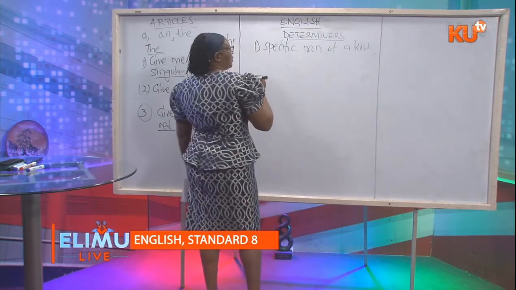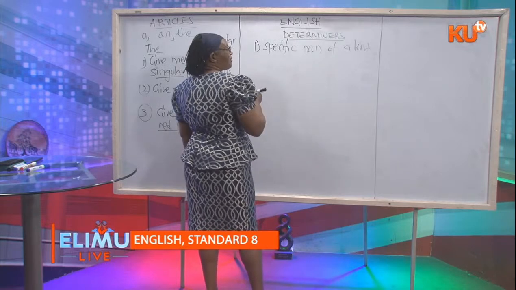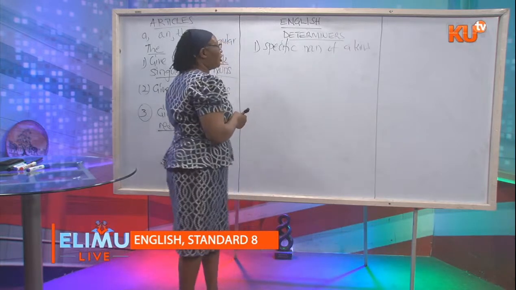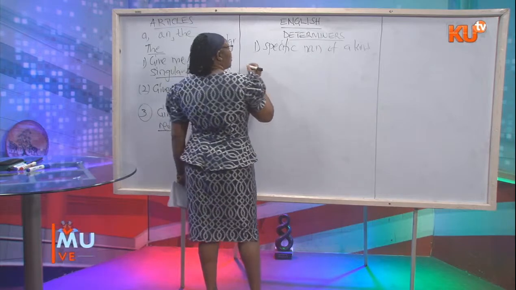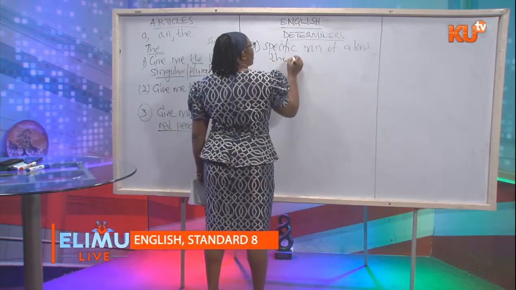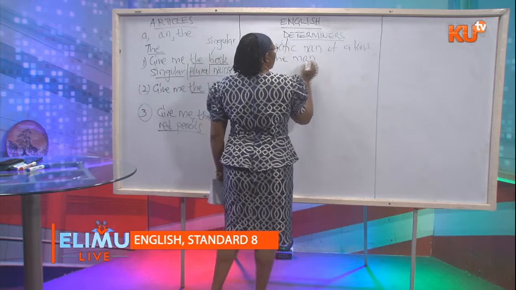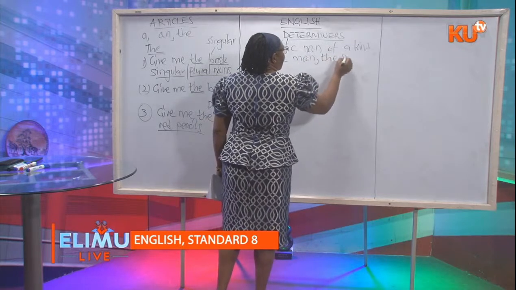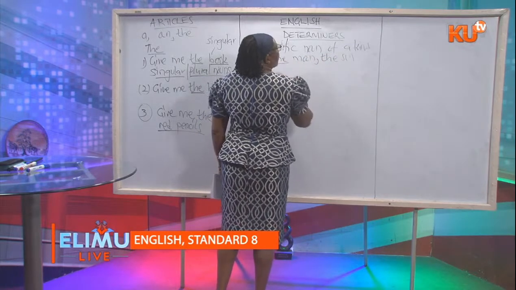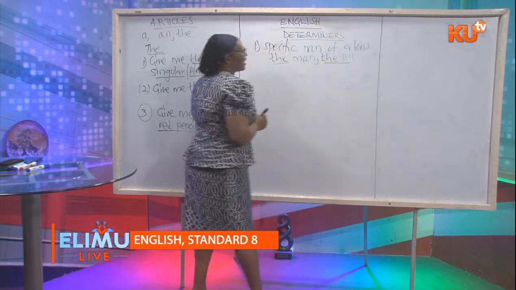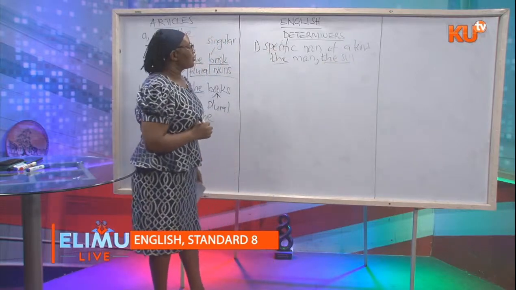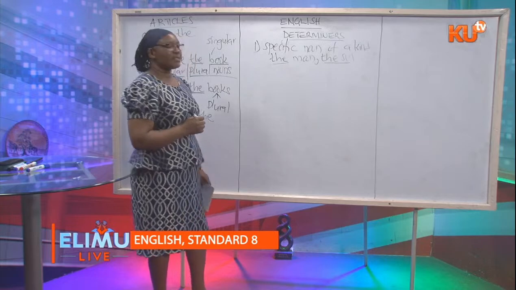For example, when I say a specific noun of a kind, I mean it may be the only one in the whole world. For example, the moon, the sun, the moon and the sun.